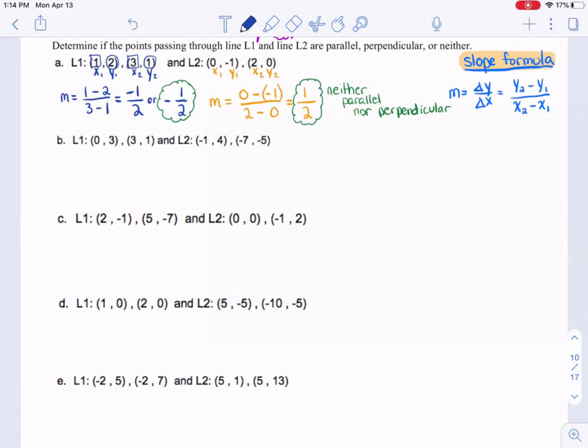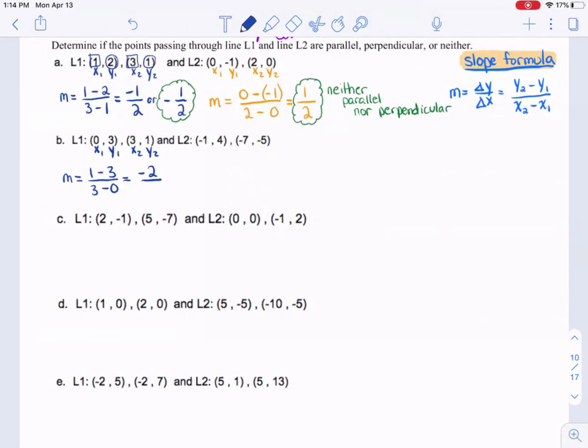Okay, so hopefully you labeled your points as x1, y1, x2, y2. y2 minus y1 over x2 minus x1 equals 1 take away 3 is negative 2. 3 take away nothing is 3.